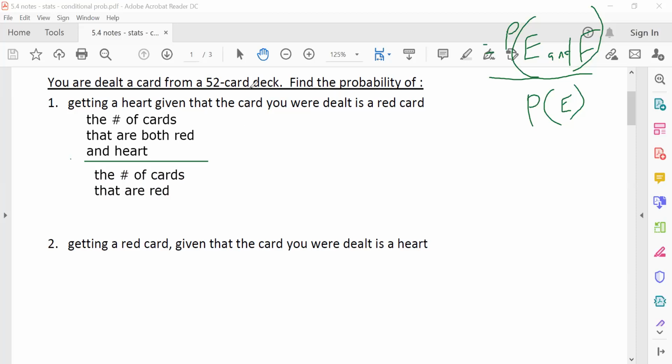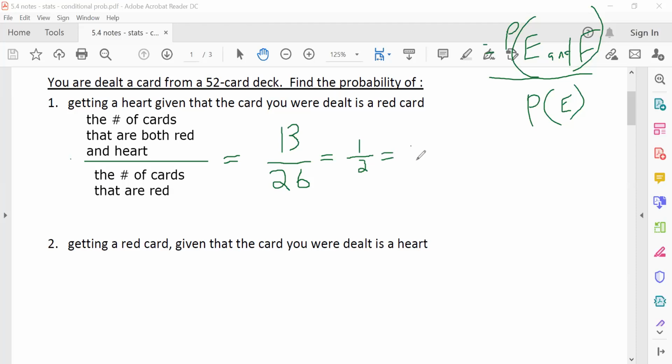In this case, the number of cards that are both red and a heart is just the number of hearts in the deck, because hearts are automatically also red. So that's going to be 13 cards in the deck. And you divide by the number of cards that are red. Well, half the deck is red. Half of 52 is 26. And so 13 over 26 actually reduces to 1/2 or 0.5.